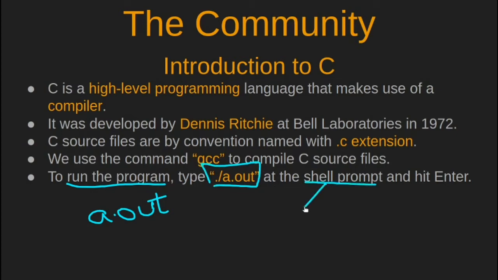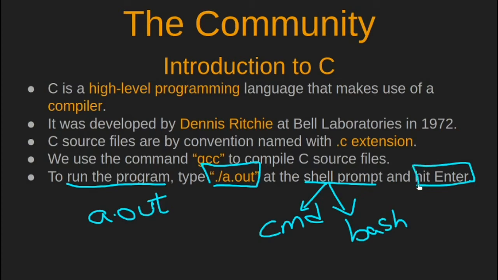Now if you are a Windows user, your shell may be CMD. If you are a Linux user, it can be bash or a C shell, and then you just hit the enter button.